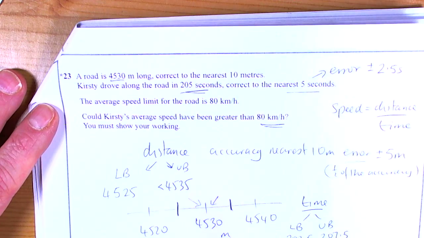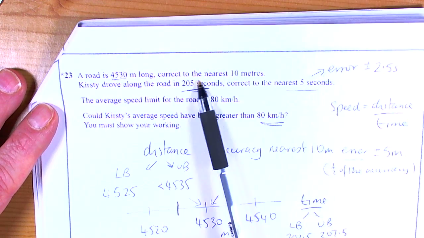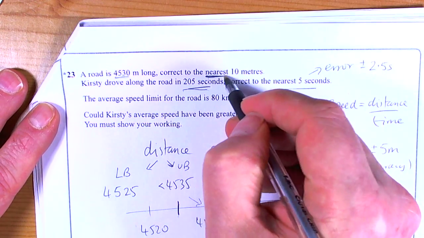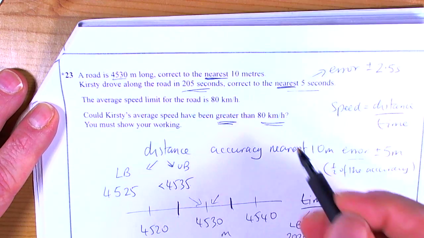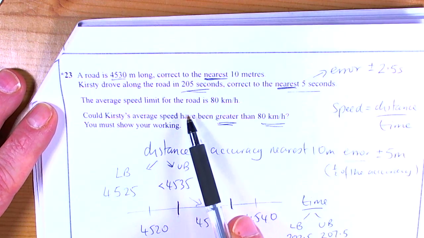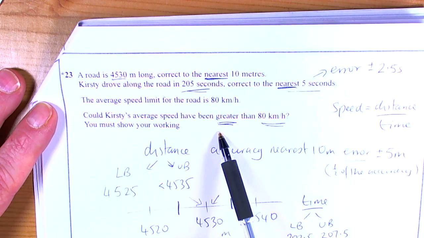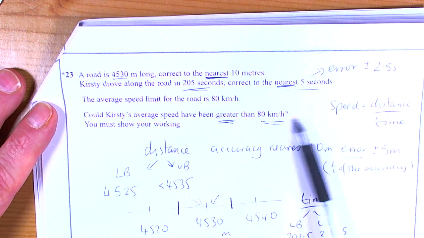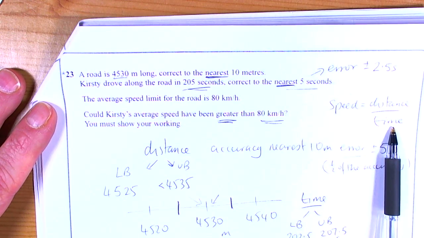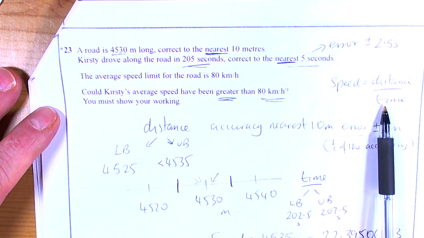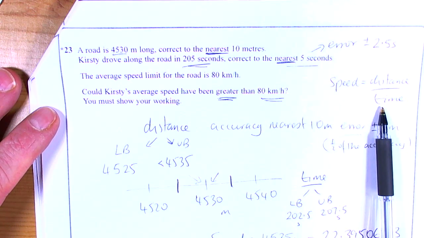So key ideas again then guys, it was about recognising keywords in the question. They mentioned the word nearest, they wanted greater, so they're giving you the indication that this is going to be about boundaries. We recognise the formula for speed is distance divided by time, so we needed to find the greatest distance and the smallest time possible.